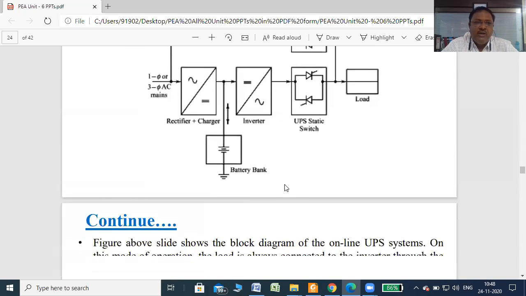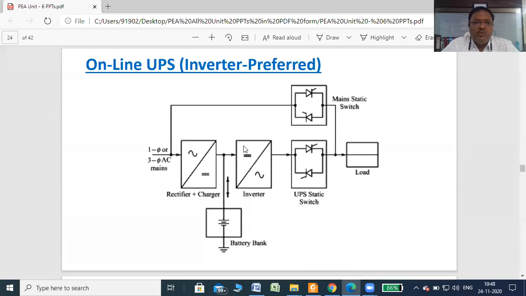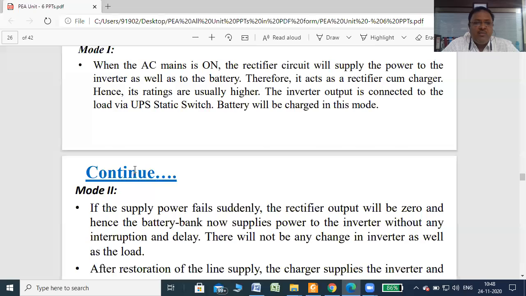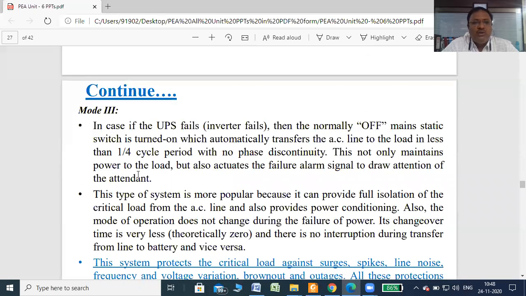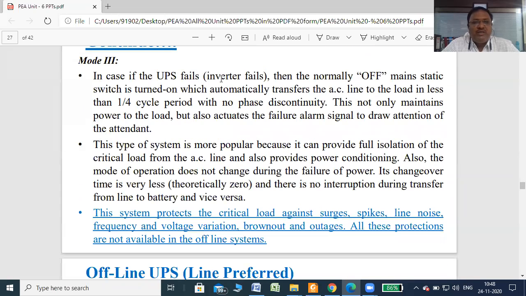So this is the working of the online UPS, given here as mode 1, mode 2 and mode 3. In case the UPS fails, then the normally off main static switch is turned on, which automatically transfers the AC line to the load in less than 1/4 cycle period with no phase discontinuity.